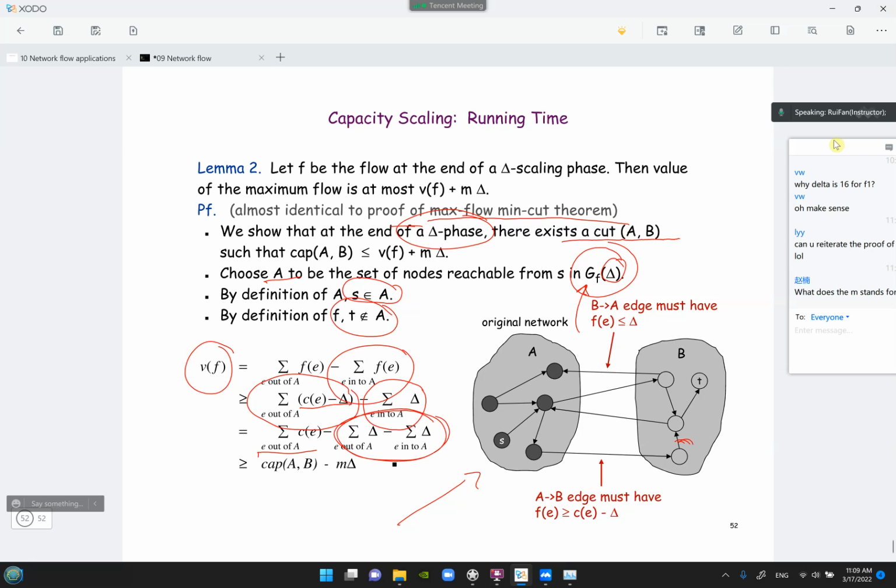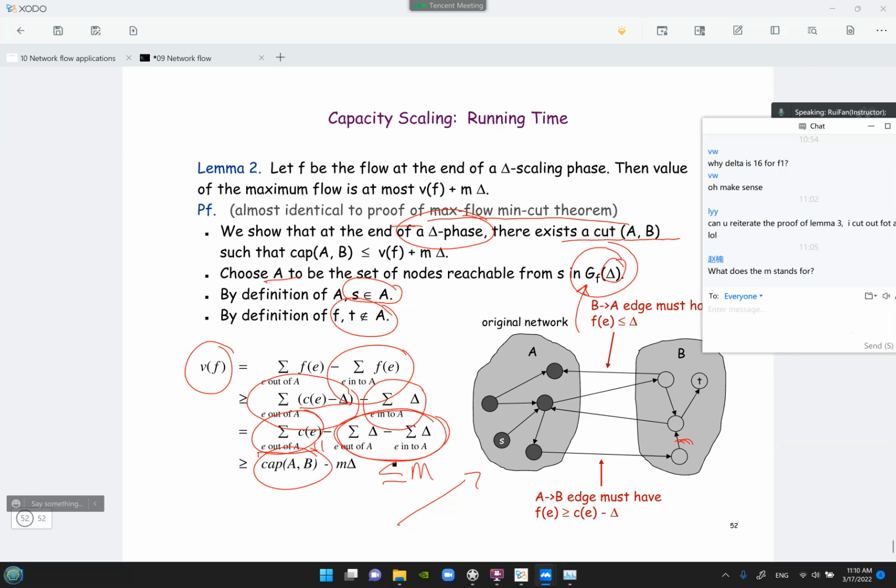Now this thing over here is all of the edges which either go into A or out of A, so at most there are m of these edges. Whereas this thing here is equal to the capacity, the sum of all the capacities out of A. That's the capacity of this cut A. Therefore this flow here is at least as large as the capacity minus m delta, which implies that the max flow is at most the current flow plus m delta.